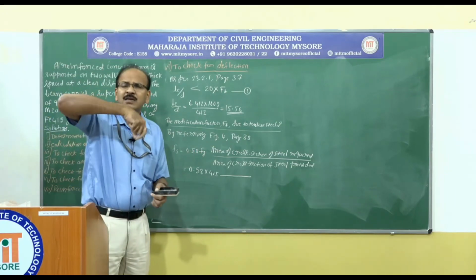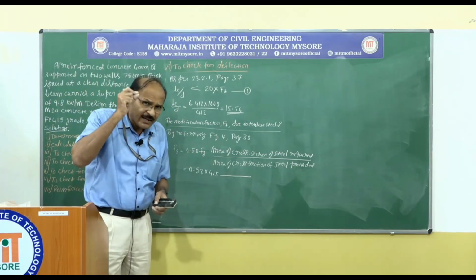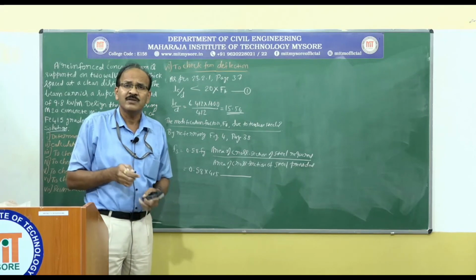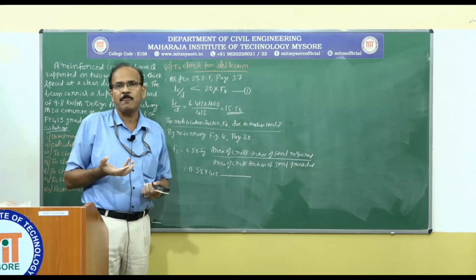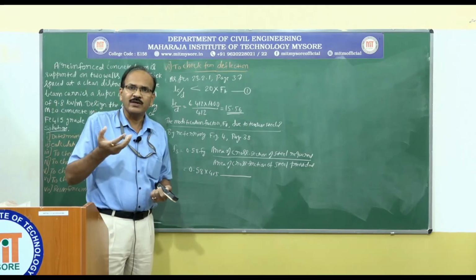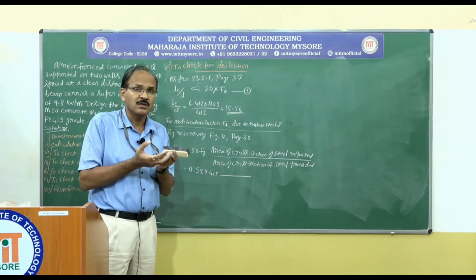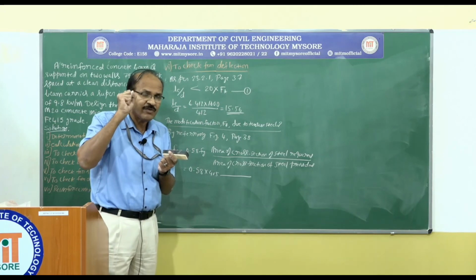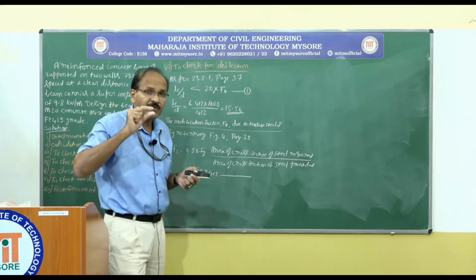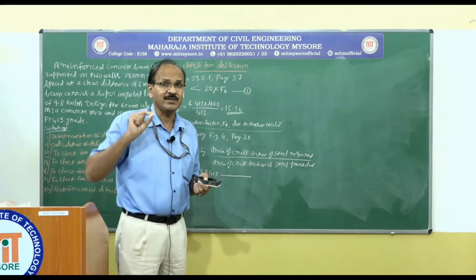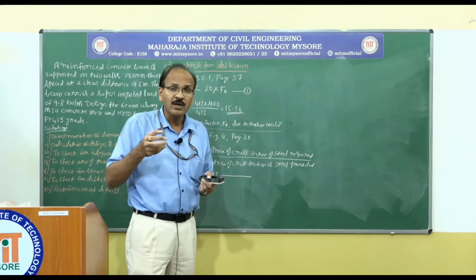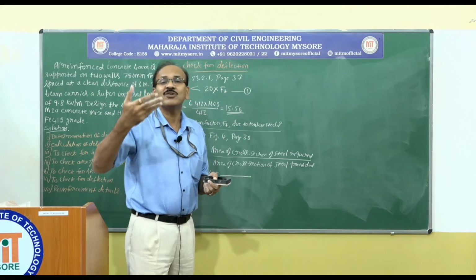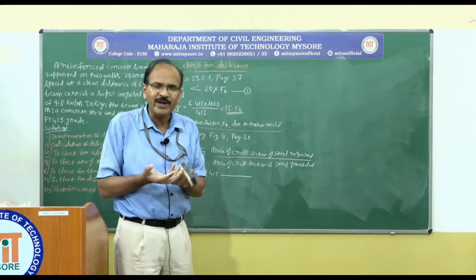If you go back to the calculation of steel, Ast, what was the value we got? 786.44 millimeter square. Then we divided that value by the area of cross section of 20 millimeter diameter, that is 786.44 divided by pi by 4 into 20 square. We got number of bars equal to 2.5, but we cannot provide 2.5 bars.